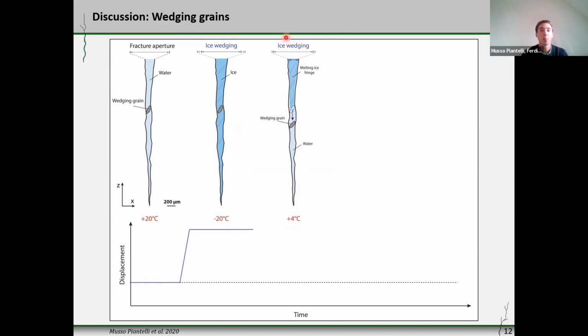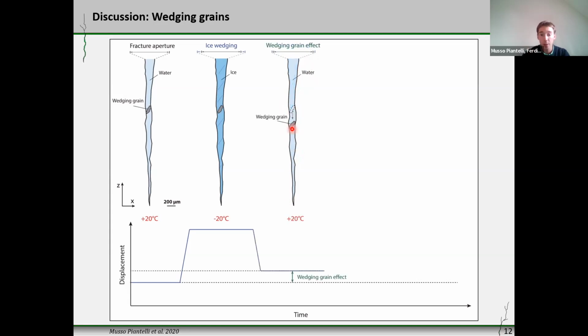So in the central portion of the fracture, we have a metastable wedge of ice that migrates from the deeper portion of the fracture, where we have simply less water, so it melts less ice, so it melts faster, to the central core of the fracture. And while migrating, this melting ice fringe eventually reaches our wedging grain that is still detached from the wall, and it releases it and lets it fall to a deeper portion of the fracture.